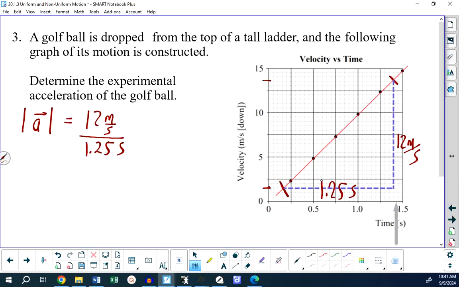I want to say 9.6. Is that right? For my numbers. Now, if you're using the same picture, then you'll get the same numbers as if you pick the same points. But I'm getting about 9.6 meters per second squared. Could we have put that into our calculator and done a linear regression? Absolutely.